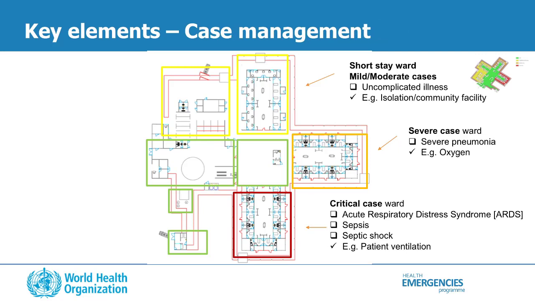This categorization by severity means that each ward has its specific case management: uncomplicated illness that would require a short stay and later could be managed at a local or community facility; severe pneumonia cases requiring oxygen; and a critical case ward with ventilation installation from which to manage patients.